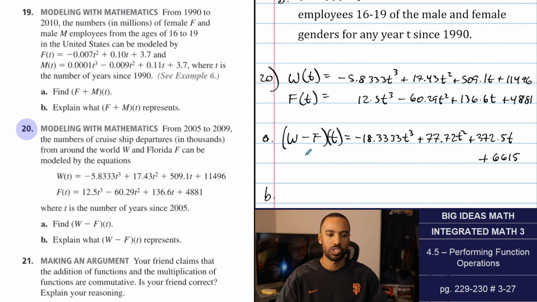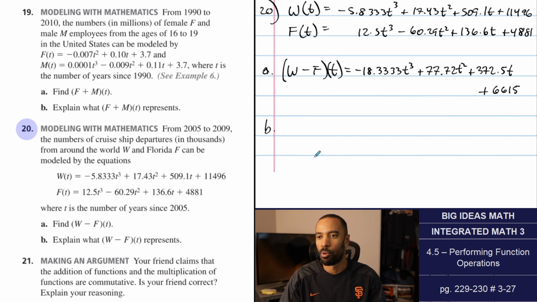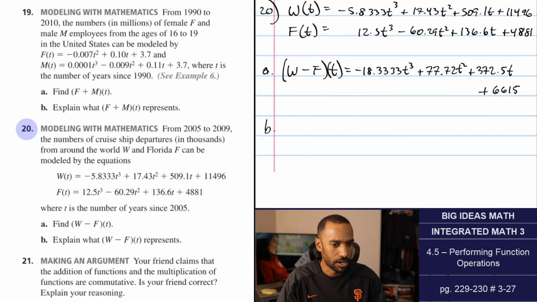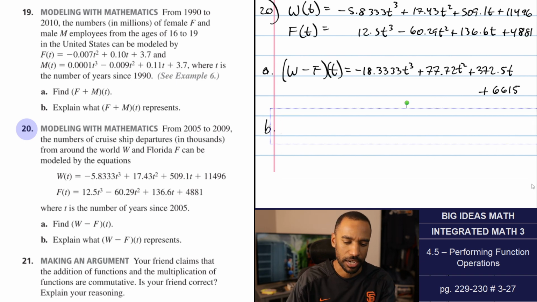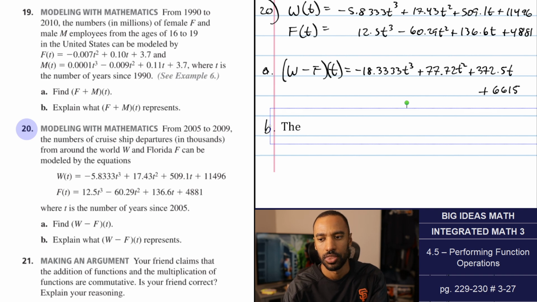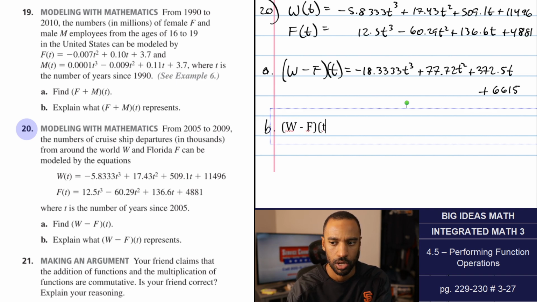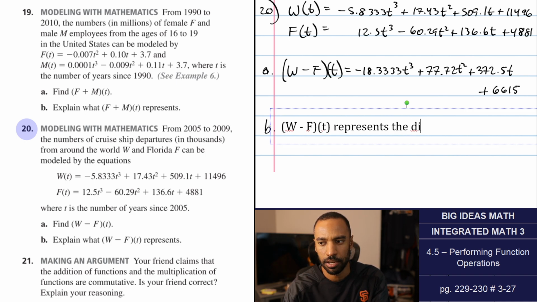Part B, what does this mean here? This is how many more ships have departed in the world at any year t. What's t? Since 2005, at any year since 2005, things like that. So because it's a subtraction, it's the difference. W minus f of t represents the difference.